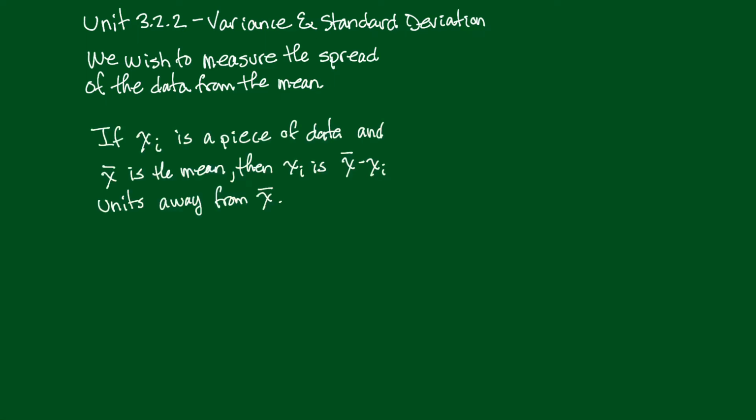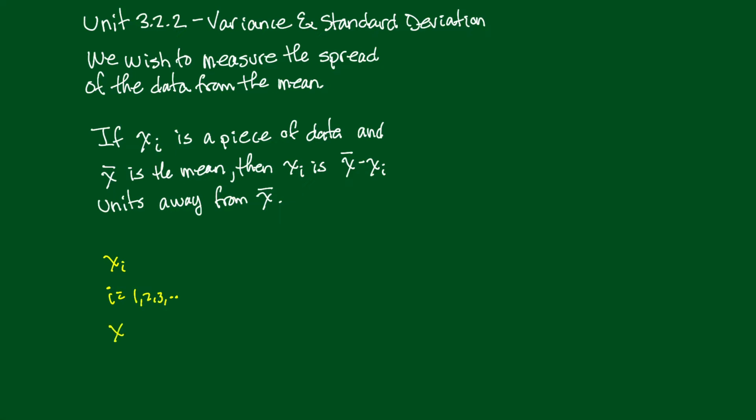We're going to develop a formula for this. Suppose that x sub i is a piece of data. Don't let that i get you upset. All that i is, is a subscript which indicates a name for a piece of data. If I write x sub i, i could be 1, 2, 3, whatever.